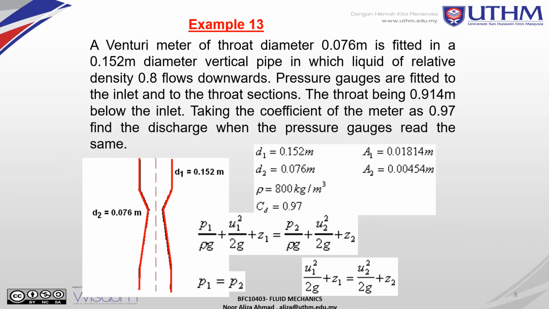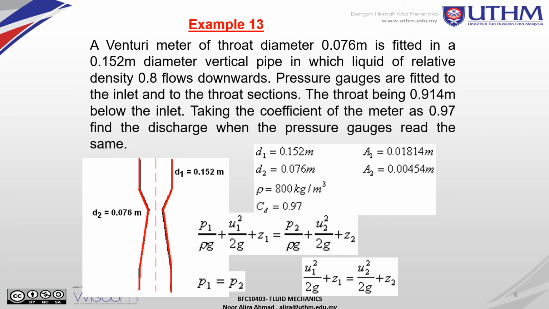Now using the venturimeter, example 13. A venturimeter of throat diameter 0.076 meter is fitted in a vertical pipe of diameter 0.152 meter, in which liquid of relative density 0.8 flows downward.